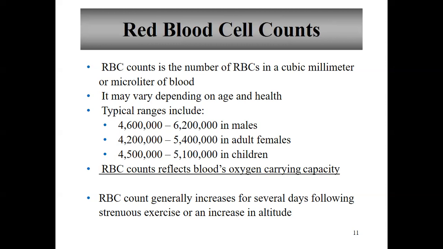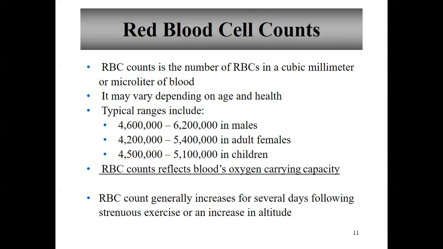These boxes will be measured as a cubic millimeter or as a microliter, and they can count how much of each blood cell type is located in those little boxes. How much red blood cell is in a microliter of blood depends on the person's age and health, because that number can vary. It can be affected by both age and health.